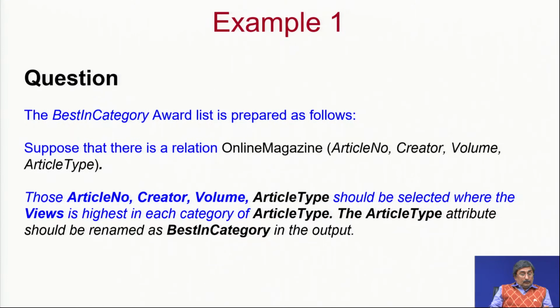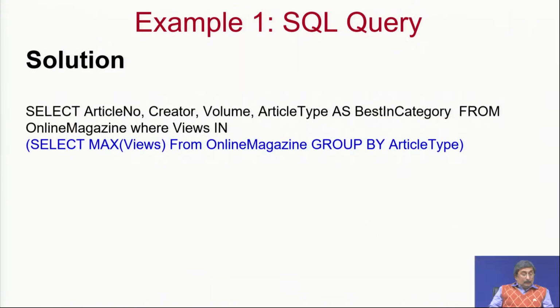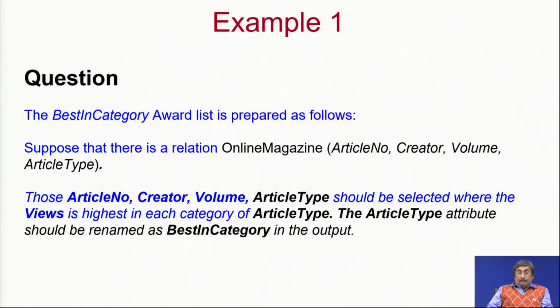So, article number, creator, volume and article type is there. Now, maybe the same article type repeats in different rows. In different rows the article type remains the same, but the views, the volume may be different.